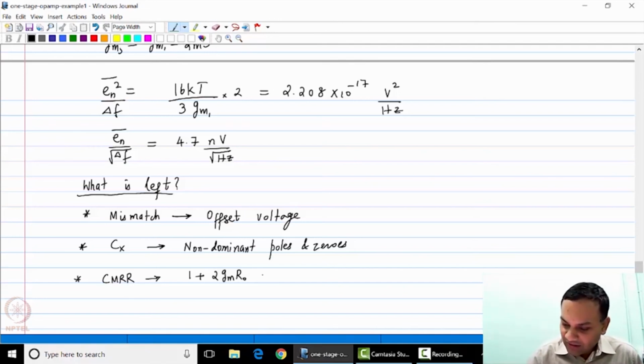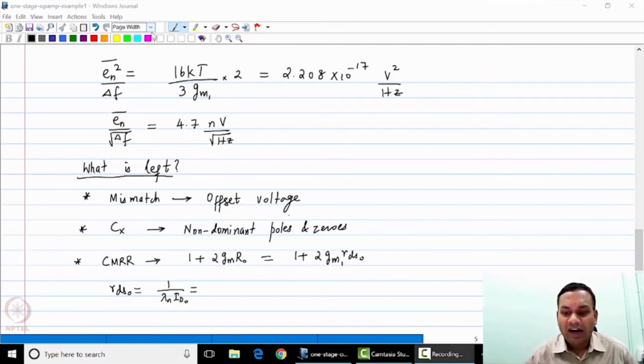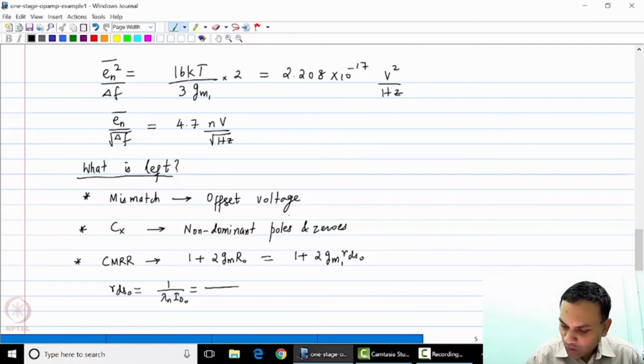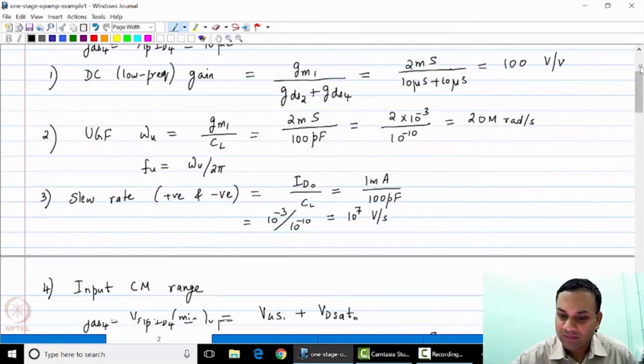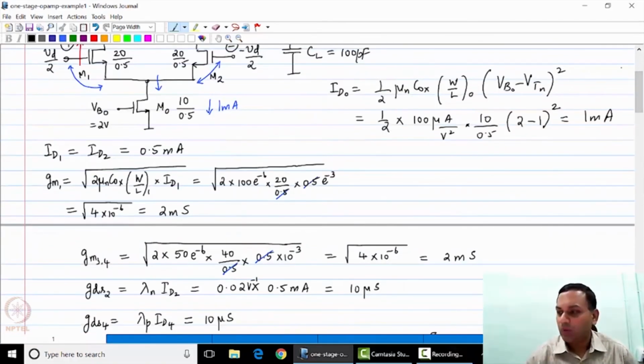So that is 1 plus 2GM into RDS0, and RDS0 is 1 over lambda n ID0, which is simply 1 over 0.02 times ID0, which is, as we can see from the original op-amp, 1 milliamp.